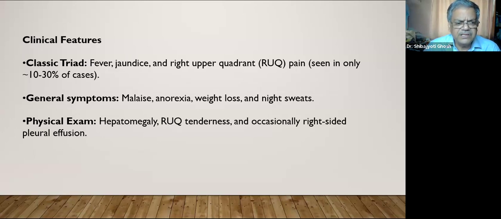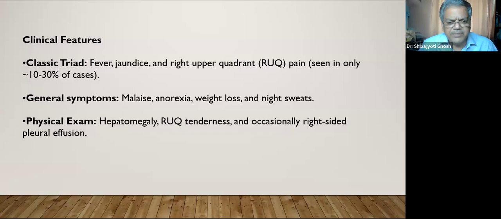Clinical features: the classical triad is fever, jaundice, and right upper quadrant pain. However, this classical triad is seen in only 10 to 30% of cases. Jaundice may be a late presentation. General symptoms include malaise, anorexia, weight loss, night sweats, which are quite vague and not very specific to pyogenic liver abscess.